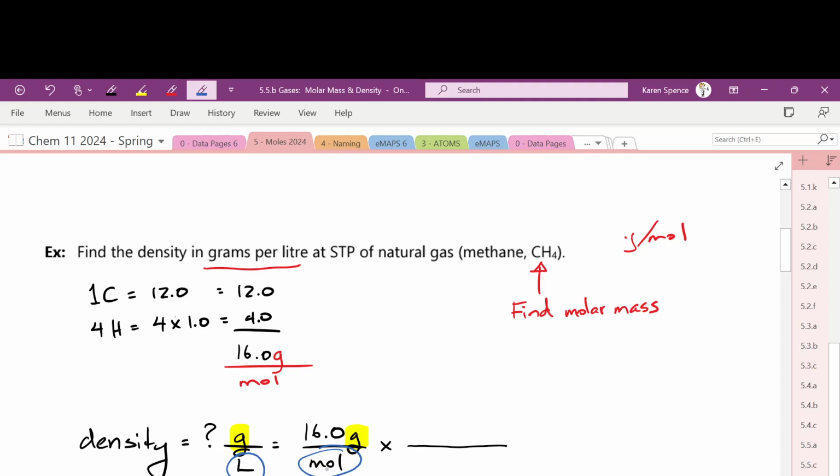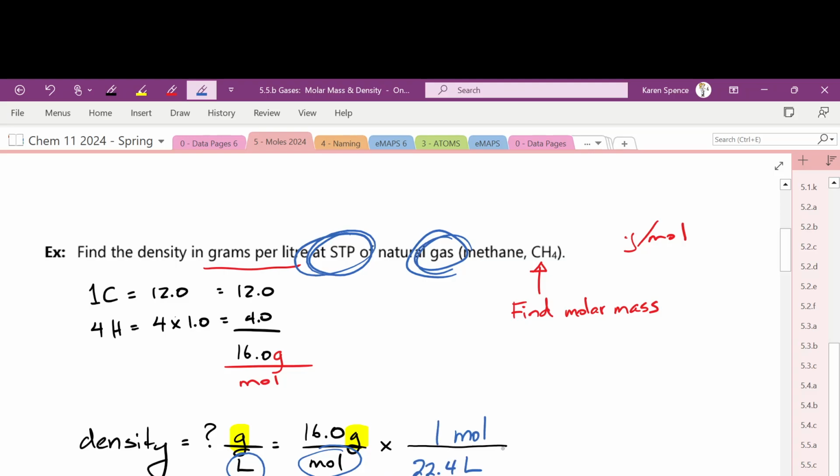So if we want to get rid of the mole, where do we put it? On the top. So we got moles here and we want to have liters on the bottom. And we know that we're dealing with a gas at STP. So what numbers go in here? Everybody. What goes with the mole? What goes with the liter?